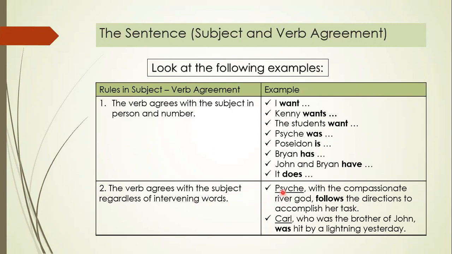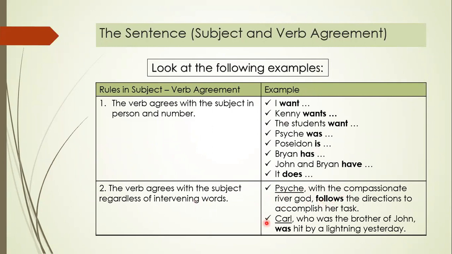Now, the subject is Psyche and the verb is follows. The intervening words are with the compassionate river god. Actually, you can take them out so as not to confuse your sentence. So you can say, Psyche follows the directions to accomplish her task. So still the sentence is making sense.